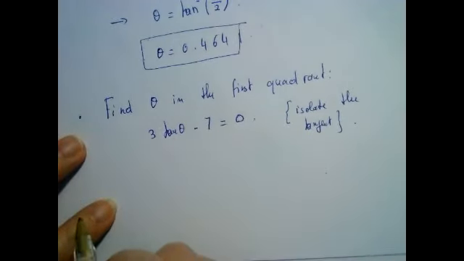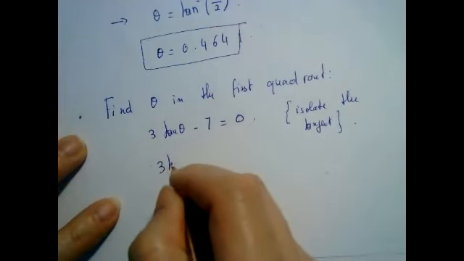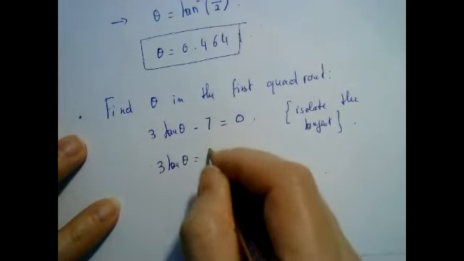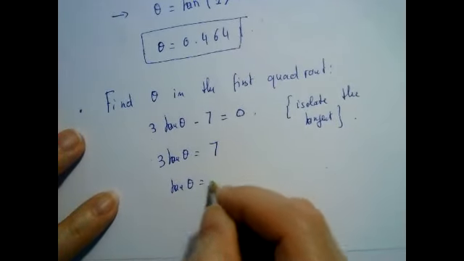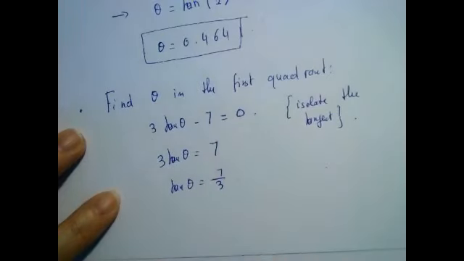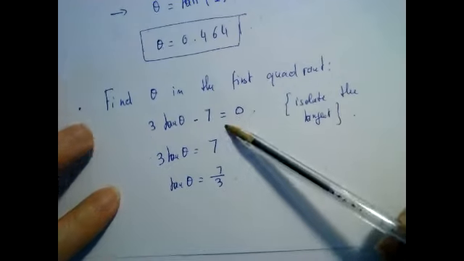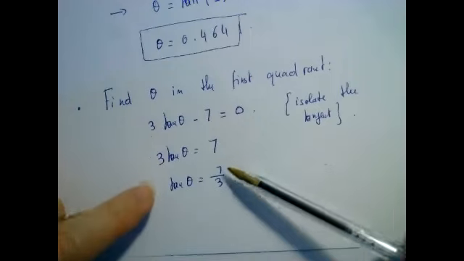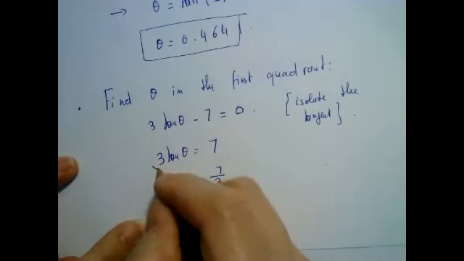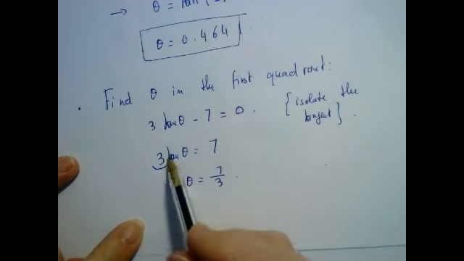So 3 tangent theta equals 7. To isolate the tangent, we divide. Be very careful with the algebra. 3 times tangent theta equals 7. And then we have to divide by 3 to isolate the tangent, because 3 is multiplied by tangent.